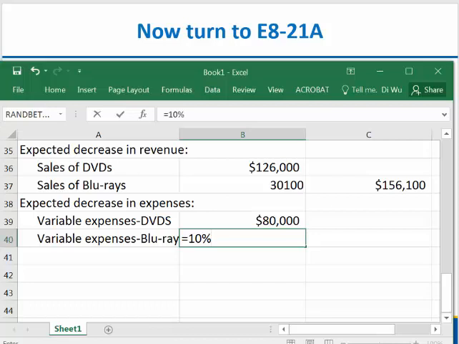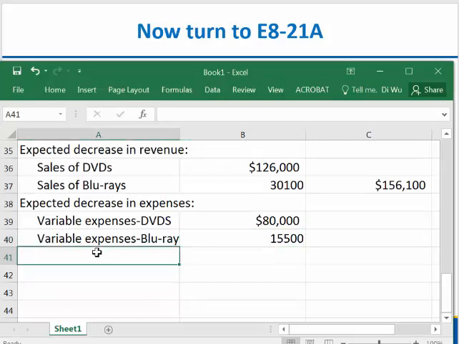You multiply 10% by 155,000, which you can also get from the prior table. You don't lose all the Blu-ray sales, you only lose 10%, so you get 15,500.